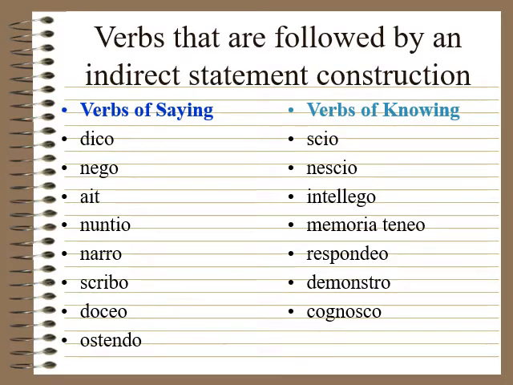So this construction of indirect statement comes after certain verbs. Verbs of saying, like dico, nego, narro, scribo, nuntio, any of that. Verbs of knowing, like scio, respondeo, cognosco.